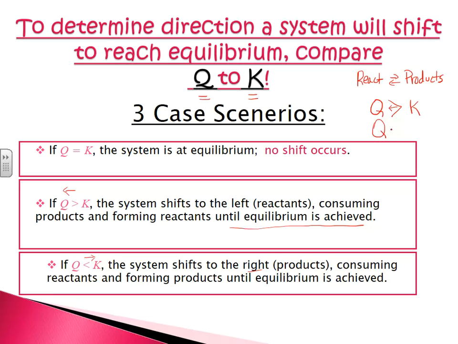If Q was less than K, it's going to shift to the side that the sign is open towards. It's open towards the K side, so it's going to shift towards the products because the products are on this side. That's just a little way that I've always remembered that without having to think too hard about it.